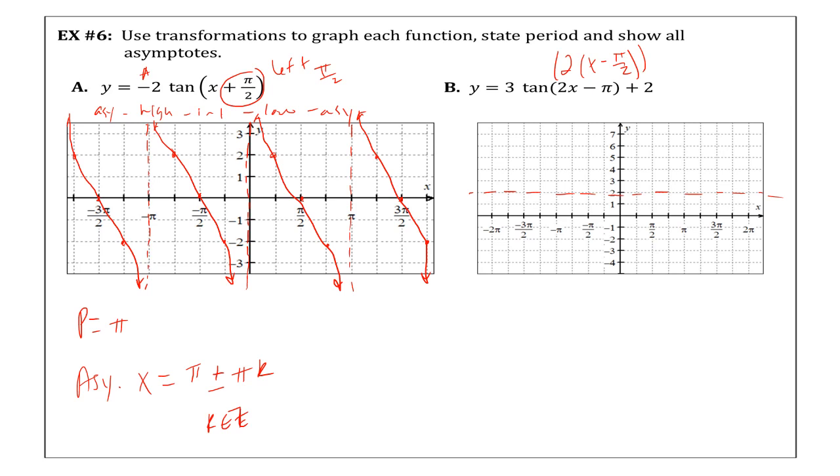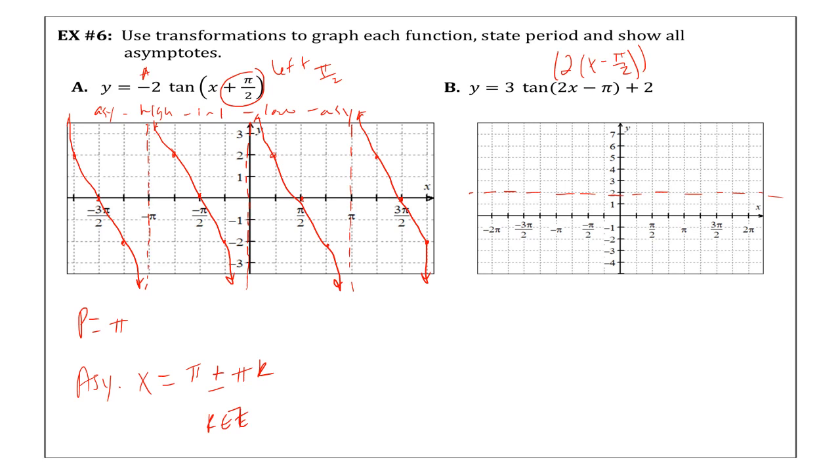Next is our asymptotes. So we're now moving pi and a half units to the right. So if I'm moving to the right pi and a half units, I'm going to be at 0.